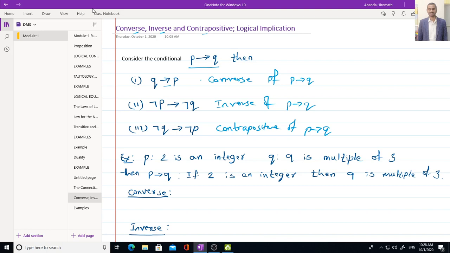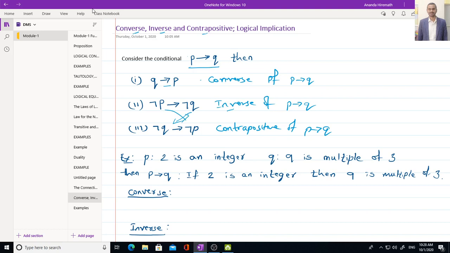Then if you apply negation for this conditional, both sides, negation of P conditional negation of Q, it becomes inverse. And if you again reverse this part, it will become contrapositive.